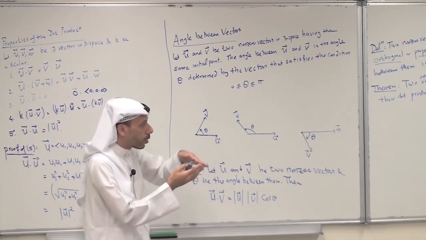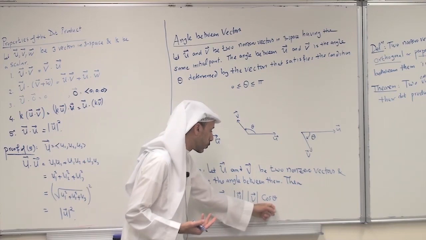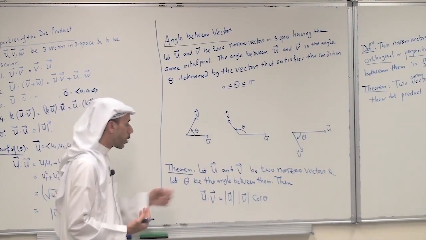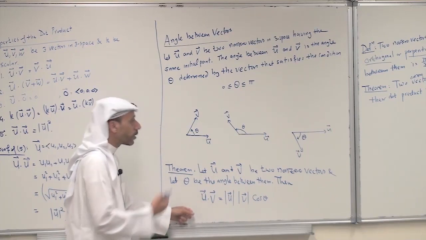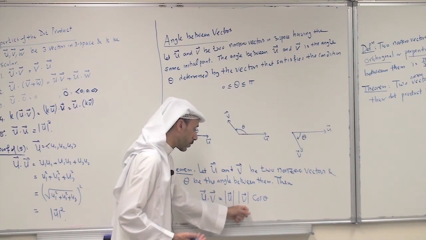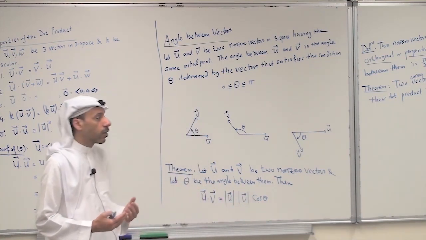Notice if they are orthogonal, if the angle between them is pi over 2, then cosine pi over 2 is 0, so this side is 0, so the dot product is 0. Now if the dot product is 0, since the two vectors u and v are not 0, this one is not 0, this one is not 0. Cosine theta equal to 0 implies theta equals pi over 2.